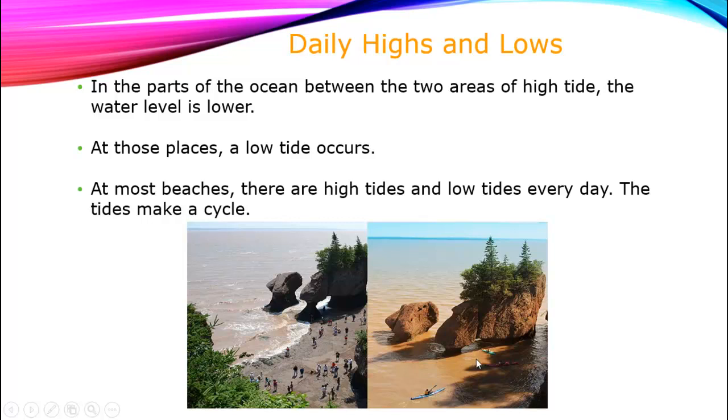And this picture shows us a high tide, when the level of water is higher. So at most beaches there are high tides and low tides every day. So how do you know it's high tide here now? Because before we saw people walking on the beach, but now the beach is covered with water.